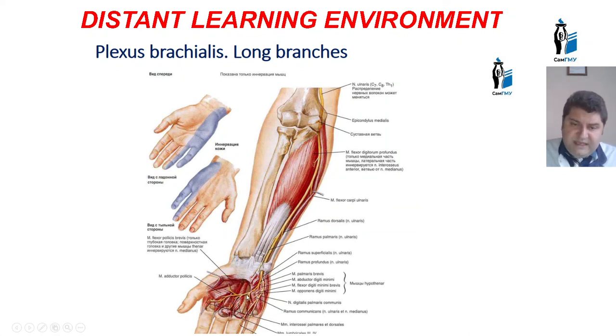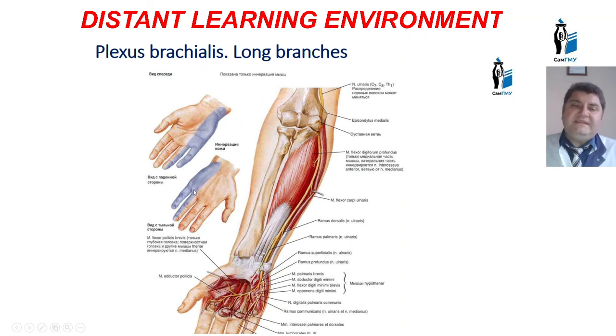And last, you may see that the ulnar nerve gives a branch for the adductor pollicis muscle, which adducts the thumb to the hand, and also for the deep caput of musculus flexor pollicis brevis, the profundus part or deep part of this muscle. And also it gives branches for skin.